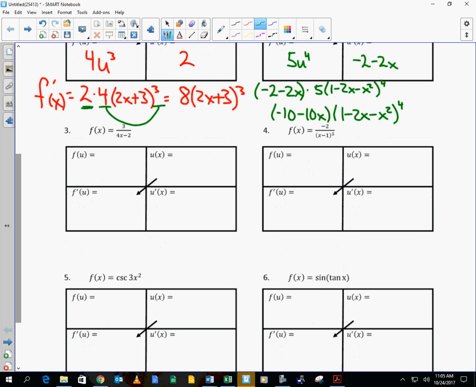All right, the next one, number 3. What rule did we use in the past for a problem like number 3? The quotient rule. I say, I don't like the quotient rule. I'm going to use the chain rule. 3 times (4x minus 2) to the negative 1 power.